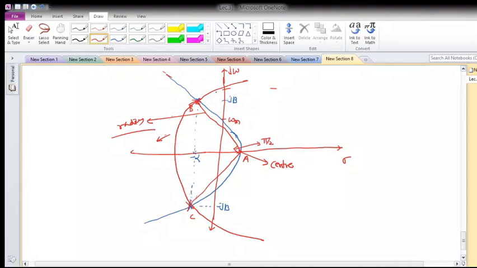Chord BC subtends an angle phi on the circumference, and that angle is pi by 2. At the center, if this is the center, what will happen with this angle? This angle will be pi by 4.